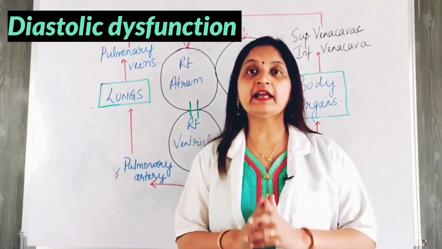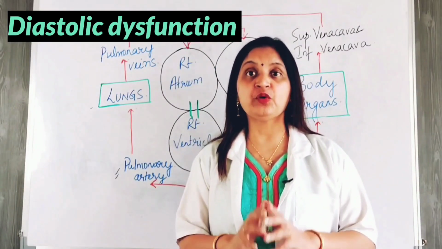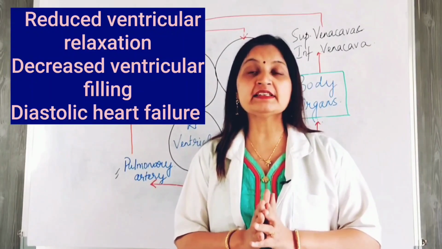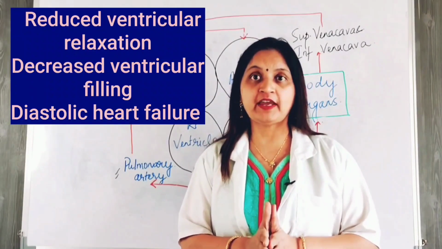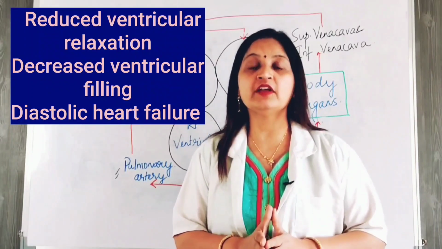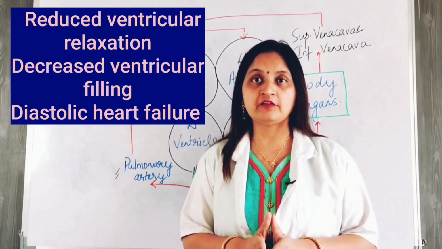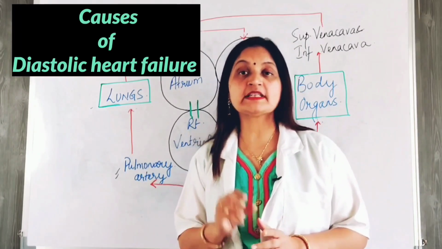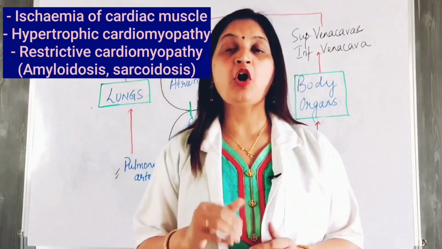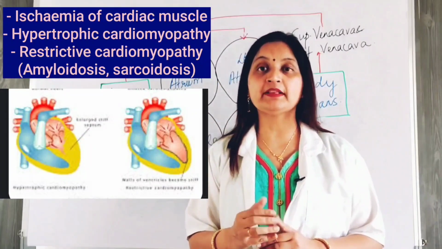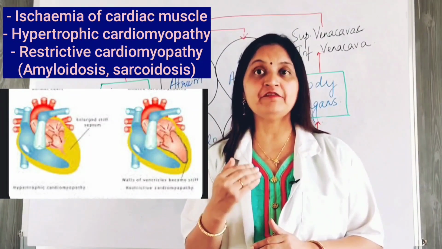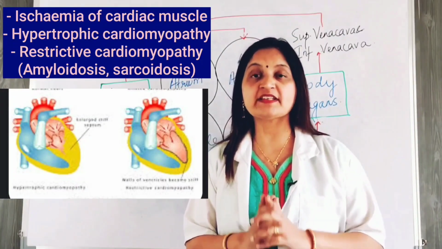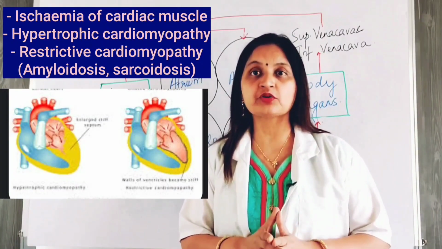As we have learned, diastolic heart failure is due to impaired relaxation of the ventricle, and because of decreased relaxation in the diastolic phase, there is decreased filling of the ventricle, and this can cause heart failure. The causes are coronary ischemia causing scarring of the left ventricle, or hypertrophic cardiomyopathy where there is hypertrophy of the left ventricle, or restrictive cardiomyopathy in diseases such as amyloidosis or sarcoidosis.